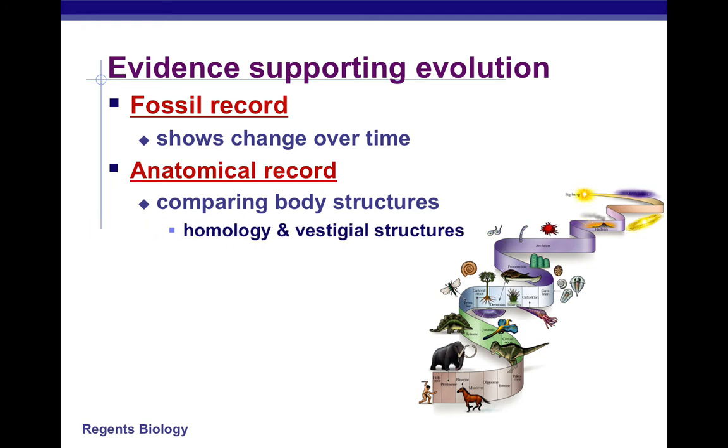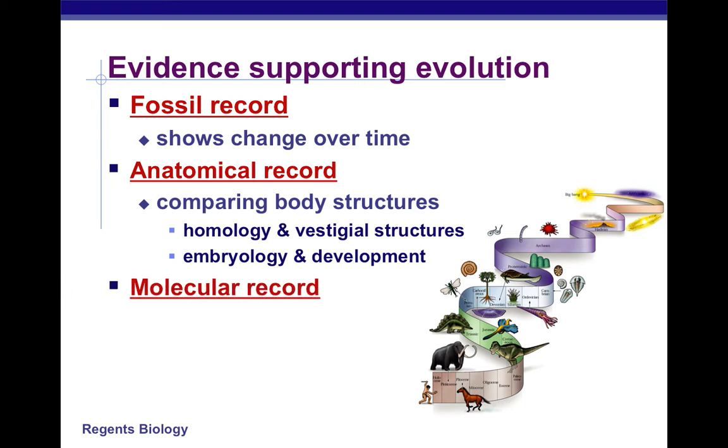We're also going to be looking at the embryology, like the development of the embryos, and how there's a lot of similarities between related organisms. We're going to look at the molecular record, which includes comparing protein and DNA sequences between different organisms.